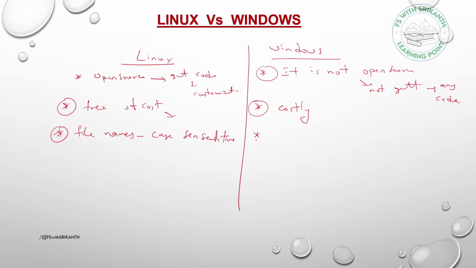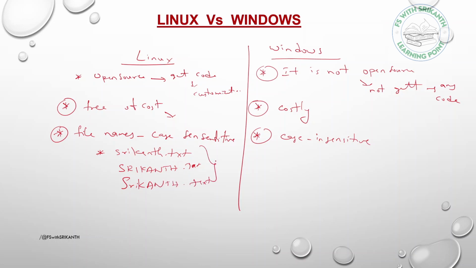And when you observe file names, when you create files, we are providing names, right? Linux is case sensitive, and Windows is case insensitive. What does case sensitive mean? Just observe: suppose we save one file Srikanth one txt, and Srikanth one more file, and here Sri Kant dot txt.